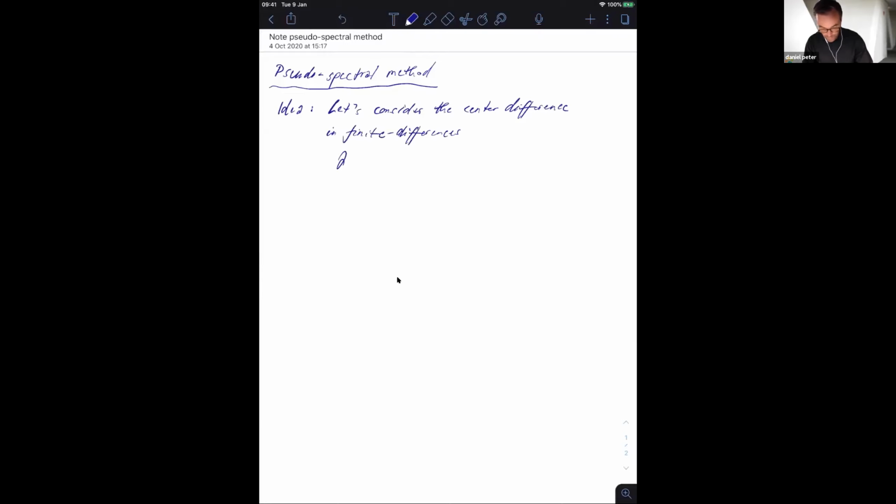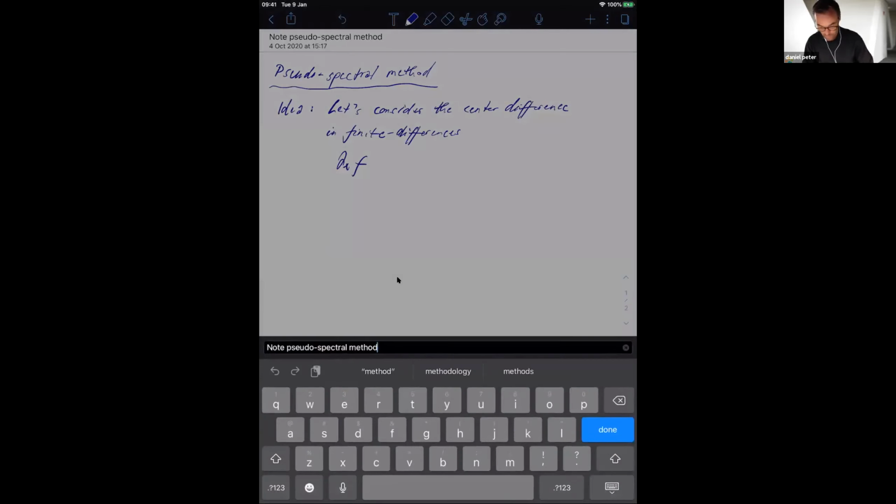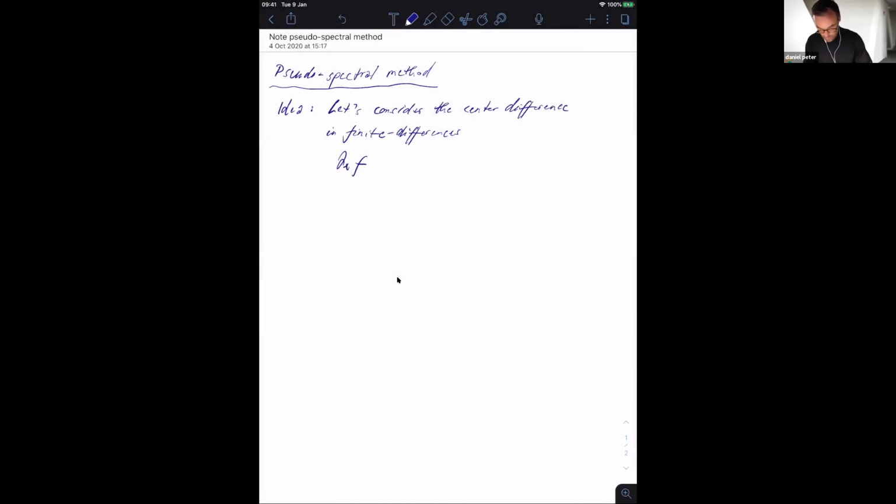Then we have the derivative of the function, let's say the spatial derivative, that we can approximate or write as the evaluation of the points next to the one that we look at. So the two neighboring points, divided by the grid spacing times 2. And this is a second order scheme, so the truncation error is second order.